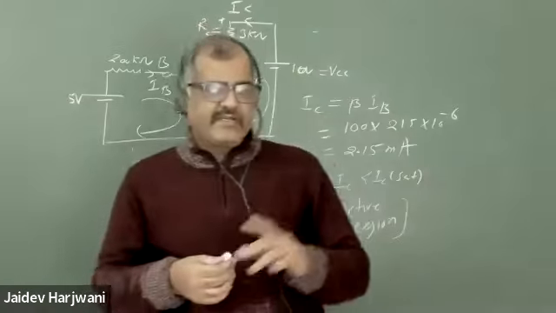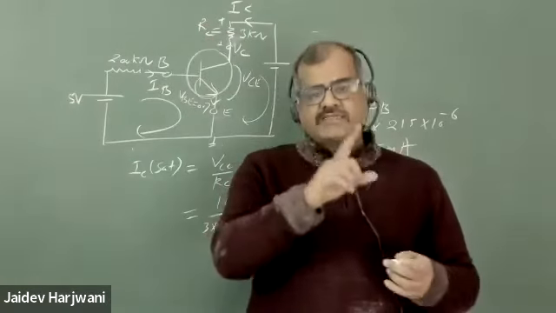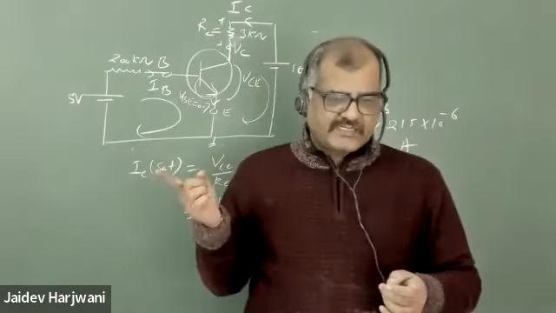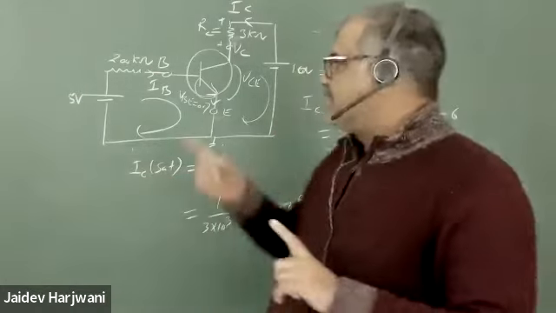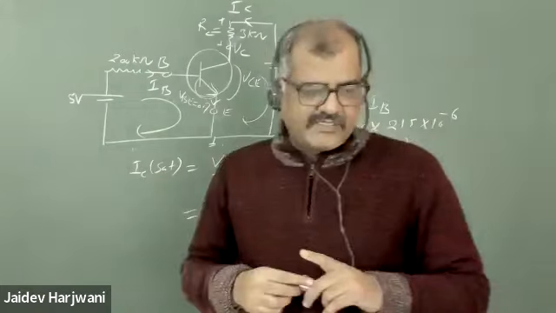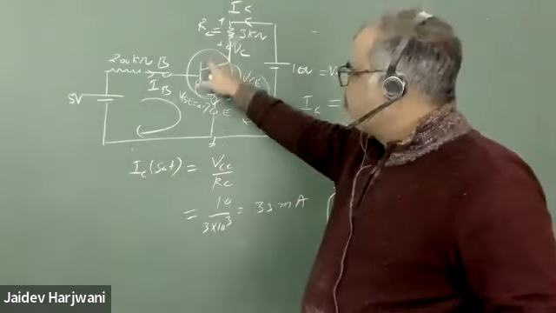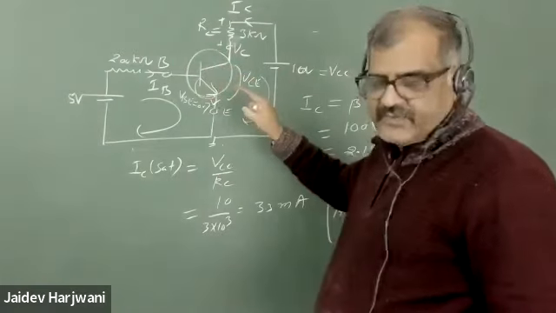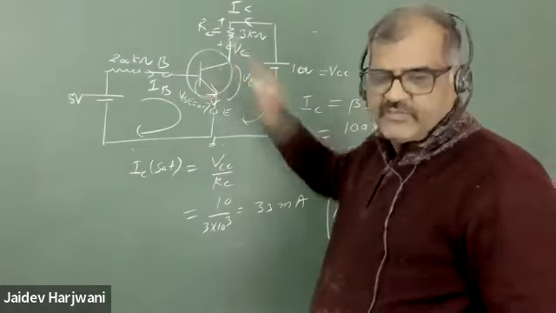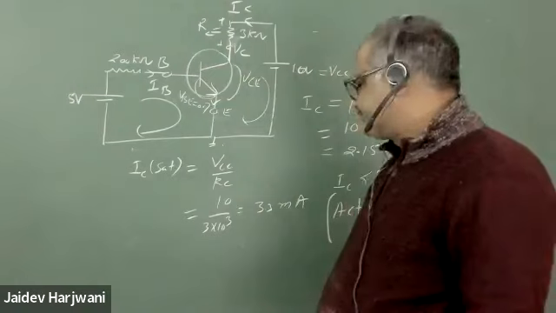There it is written that input should be forward bias and output should be reverse bias. Input means the emitter base junction and output means the collector base junction. So now this collector base junction should be reverse bias. This is an NPN transistor. That means here VCB should be what? Positive or negative?